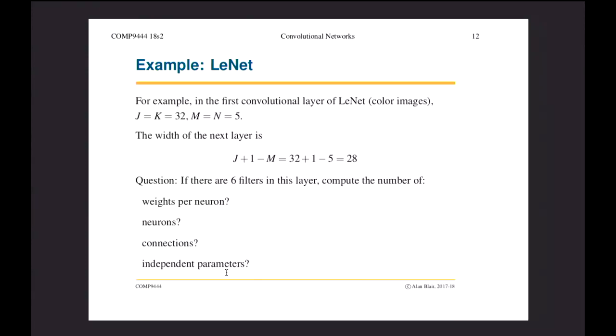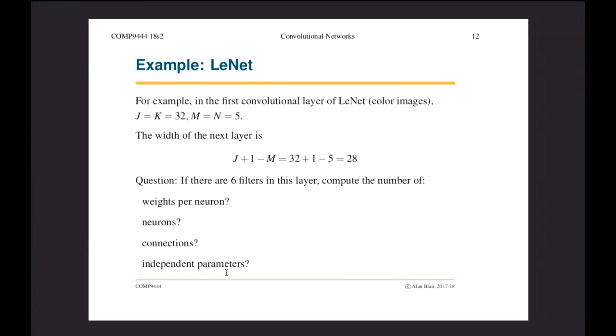And then here's a little exercise to help us understand this architecture. Let's suppose there are 6 filters in the first convolutional layer. How many weights would there be per neuron? The size of the filter is 5 by 5, so 5 by 5 is 25.